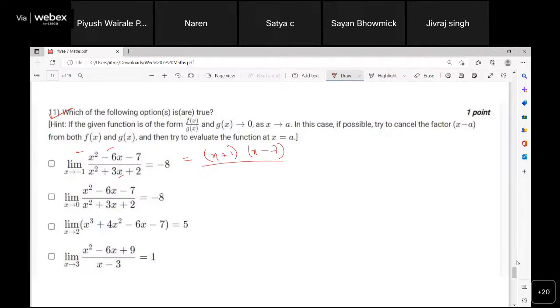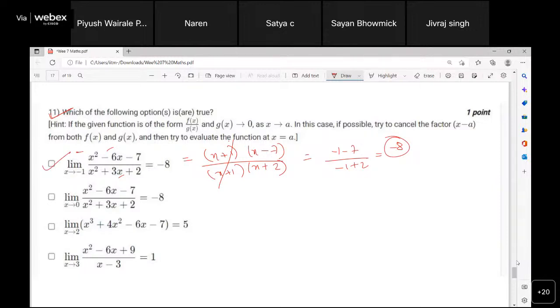And in the denominator, x plus 2 and x plus 1. So we can cancel x plus 1 out, right? Now just apply the limit x tends to -1. Put -1 minus 7 over -1 plus 2. It will be -8, right? So this one is correct.